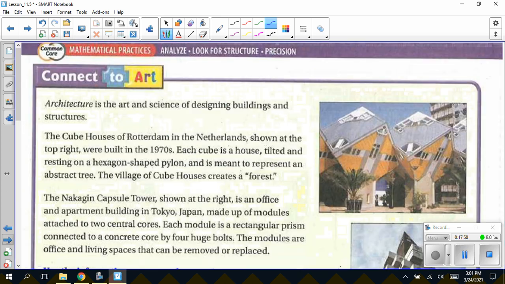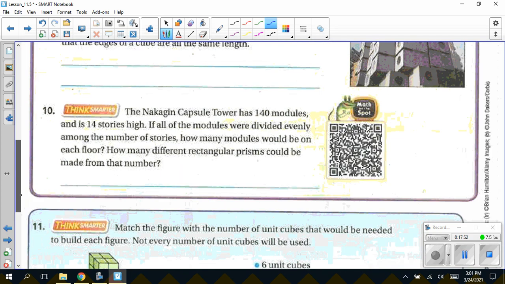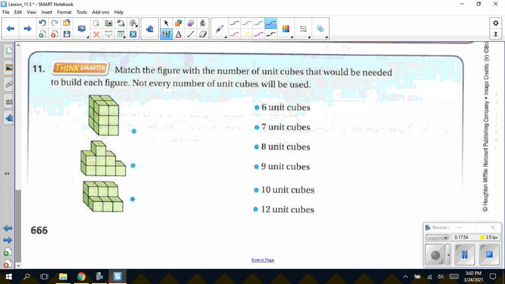Moving on, I am going to go down to the blue box. Question number 11. You have a test question that will be very similar to this. It says match the figure with the number of unit cubes that would be needed to build each figure. Not every number of unit cubes will be used. So again, the easiest way is we can count it.